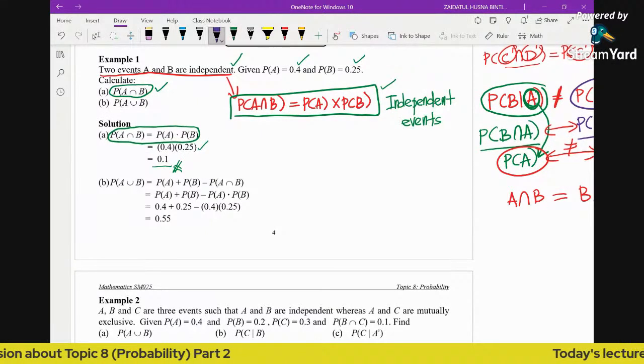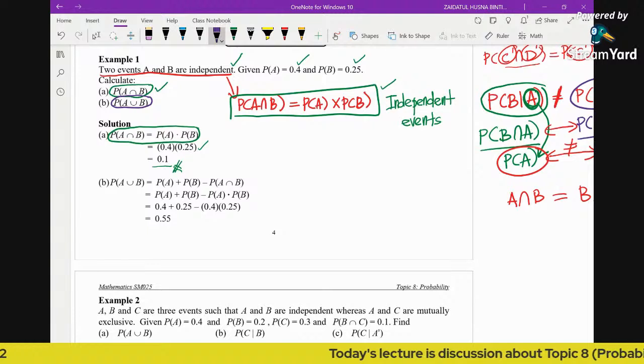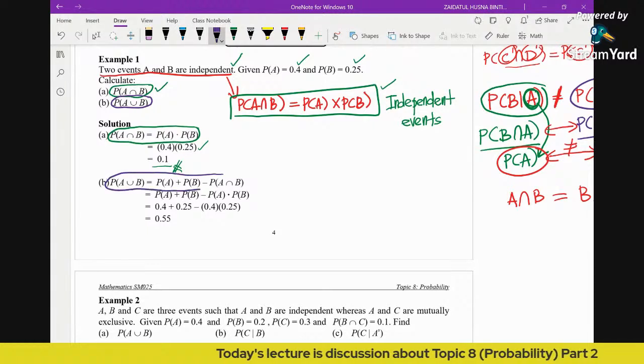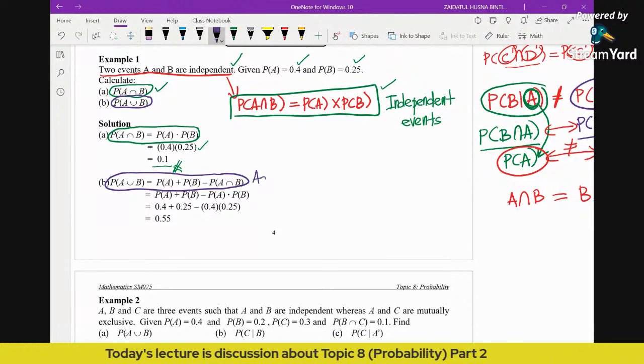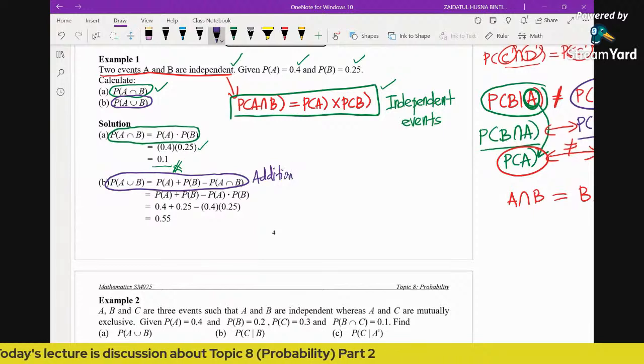Next, find P(A union B). How do we find A union B? Again, we are going to apply the addition probability formula.